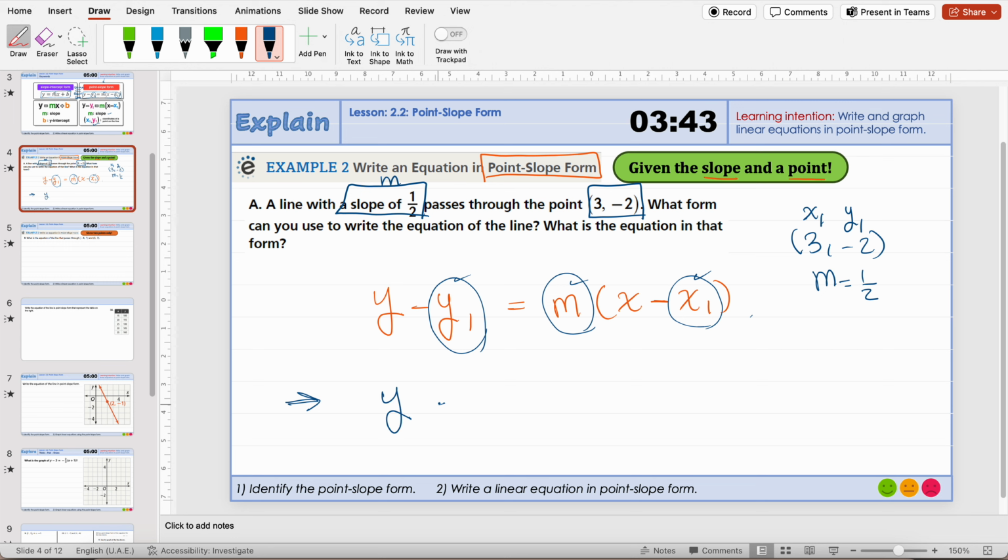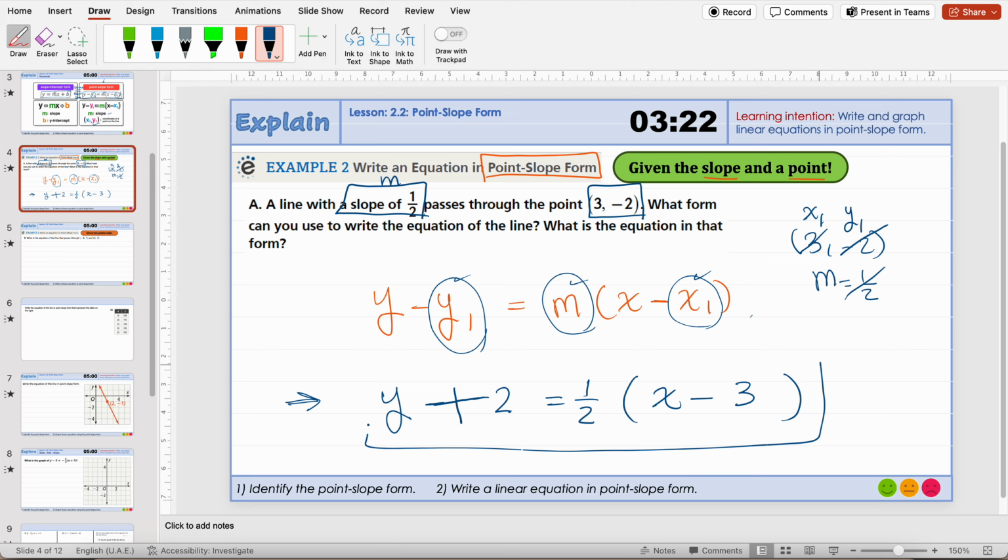Just y minus, what is y1? Negative 2, put it down, equals m, which is 1 over 2, times x minus, what is x1? It's 3. Since I have two negatives here, I can combine them into a positive, and that's it. This is my answer. Super easy, super simple.